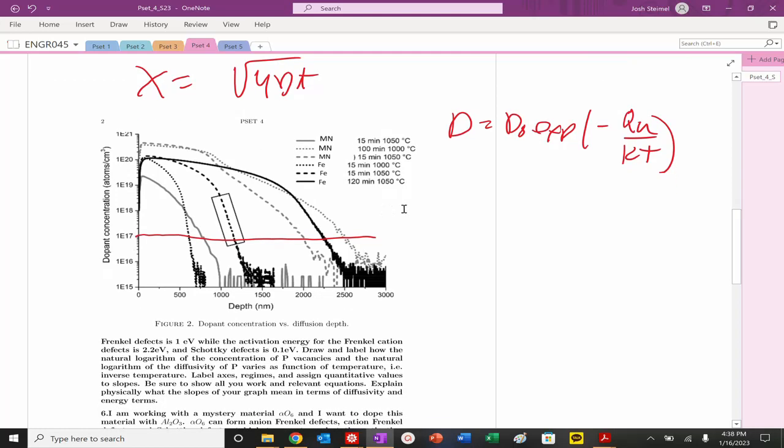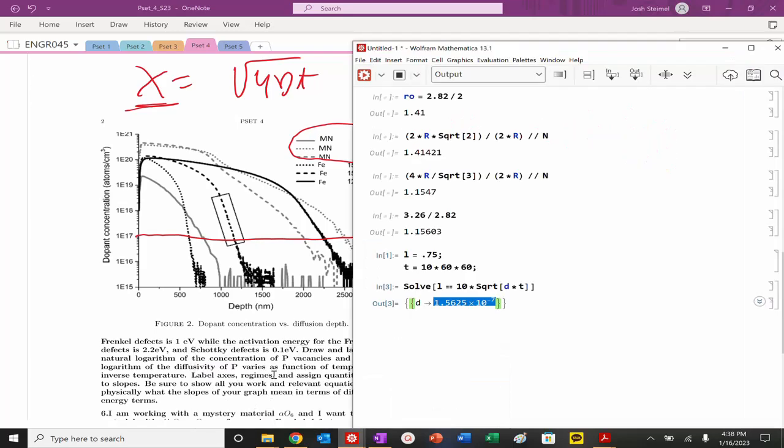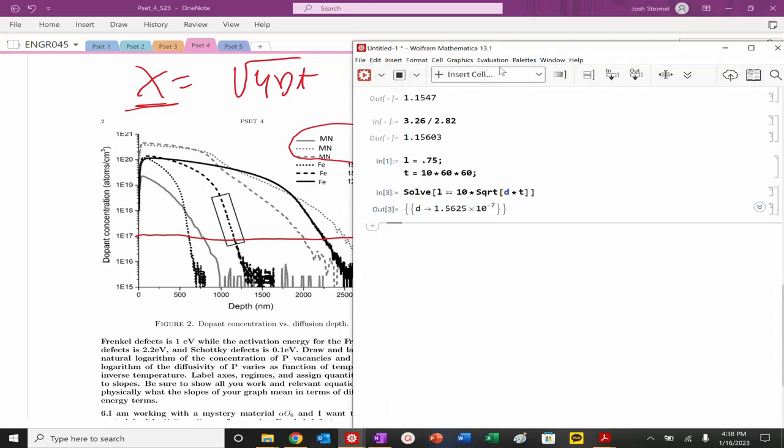And now I'm going to calculate my activation energy. When it crosses the line, I know it's basically penetrated a depth of this X. So let's look at our manganese first, and then we can repeat the procedure for iron. Let's get started. I'm going to clear everything again.